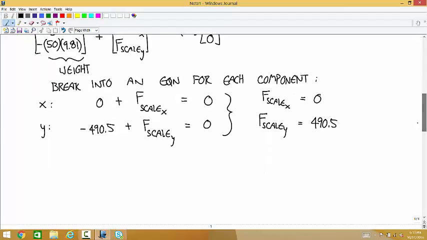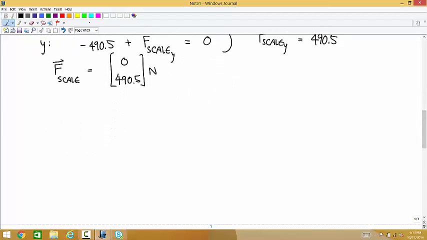And so the force vector, if you now combine these back into vector form, you get that f sub scale is equal to 0, positive 490.5 newtons. And so let's think about what that means.